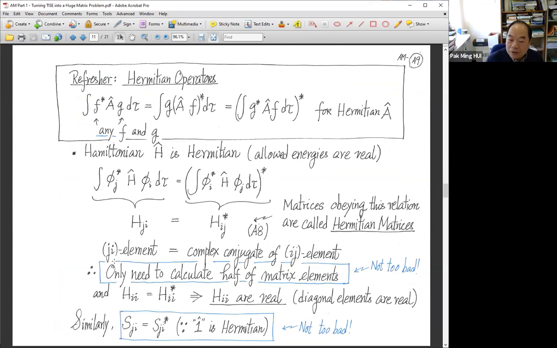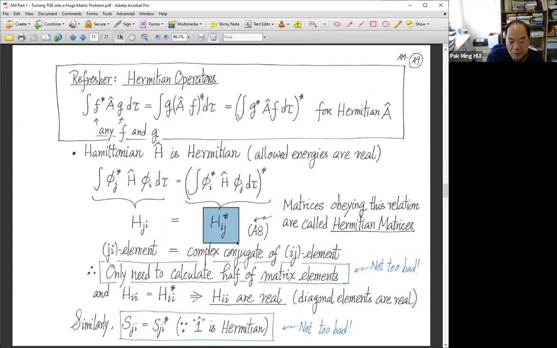First of all, in the previous term, you learned that the Hamiltonians we encounter are Hermitian. They give real eigenvalues because energies are real, okay? And for that reason, we have a relationship between Hji and Hij star. They are equal because H is Hermitian, all right? Now, what does it do for us?